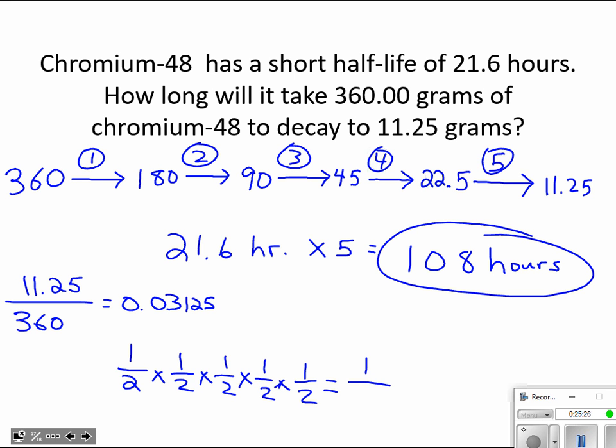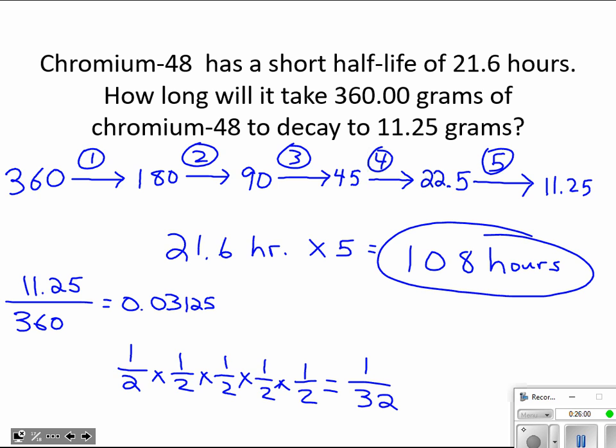What's 2 times 2? 4 times 2, 8 times 2, 16 times 2. So 1/32. I guarantee you when I divide out 1 divided by 32, it's going to give me this number right here. So I have 1/32 of the chromium-48 left over. Questions on that?